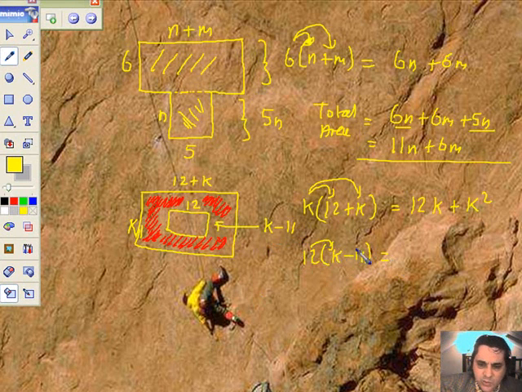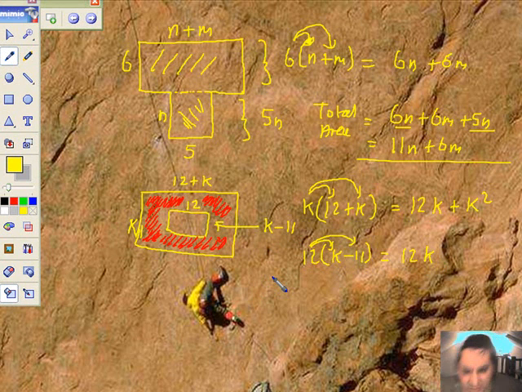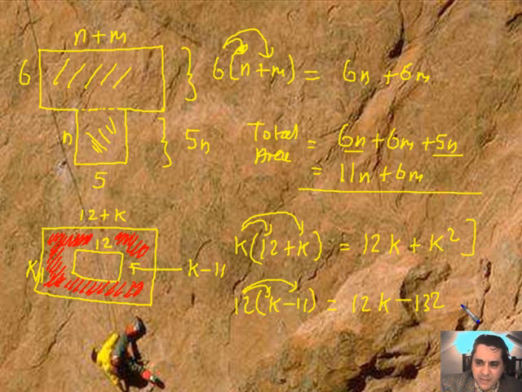Bust it open, 12 times k, well that's 12k, and 12 times 11 I think is 132, but let me just check that. I think it is actually, so 12 times 11, 132, yes I'm right. So that's minus 132. Now, to find the shaded area, I've simply got to take away the big bit and then take away the little bit from it.